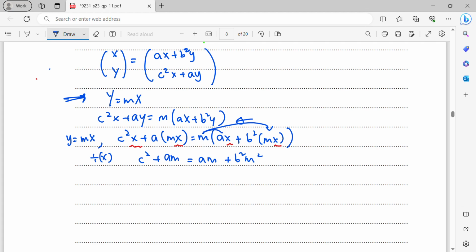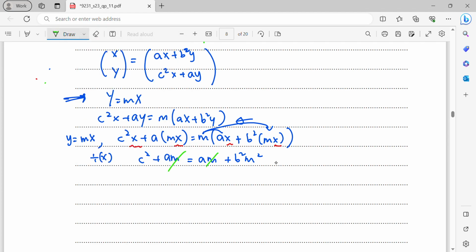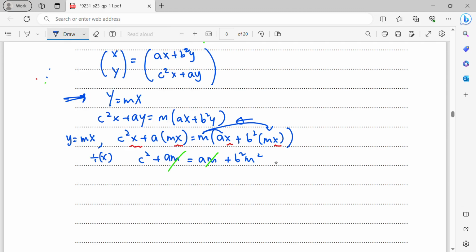The m and m can times together. So when you look at here, the am can be cancelled from both sides. Then now I need to get the m values. So c squared is b squared m squared. Right? So now from here, I will say that my b squared m squared minus c squared equals 0.